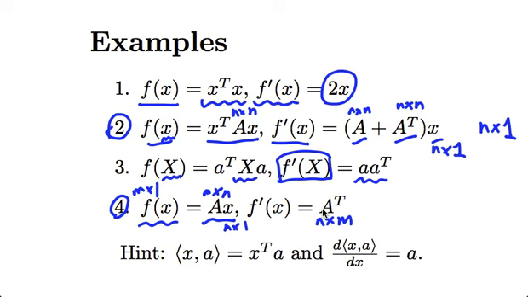And here's the hint. The hint comes from the previous tutorials where we looked at inner products, and suppose we defined the inner product between x and a as x transpose a, then we can use this rule that the derivative of x dot a with respect to x is actually a.